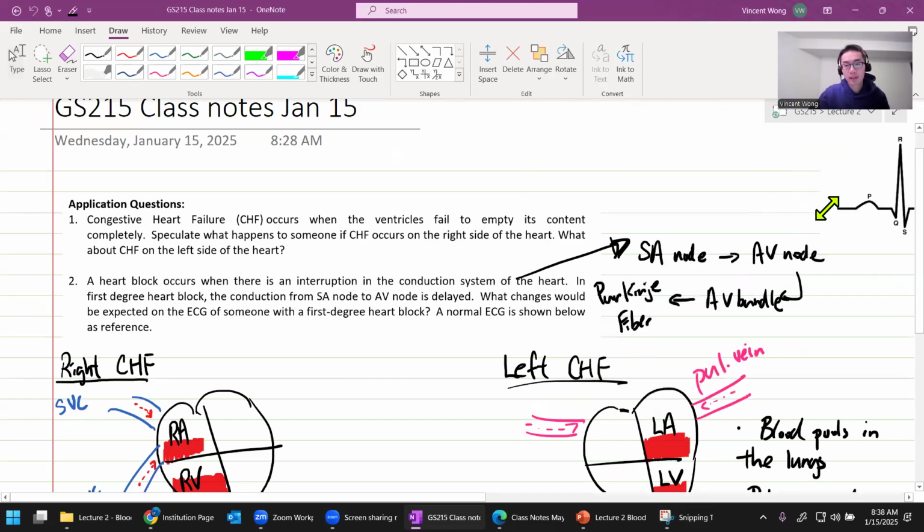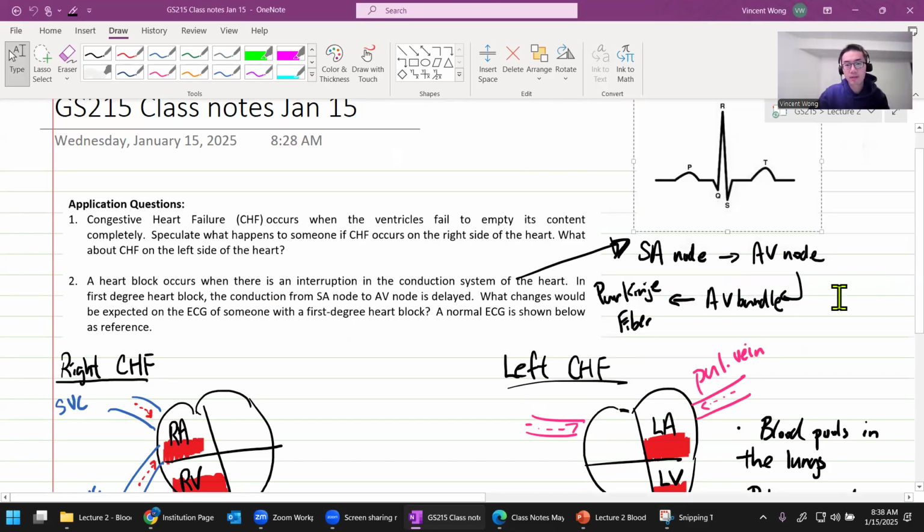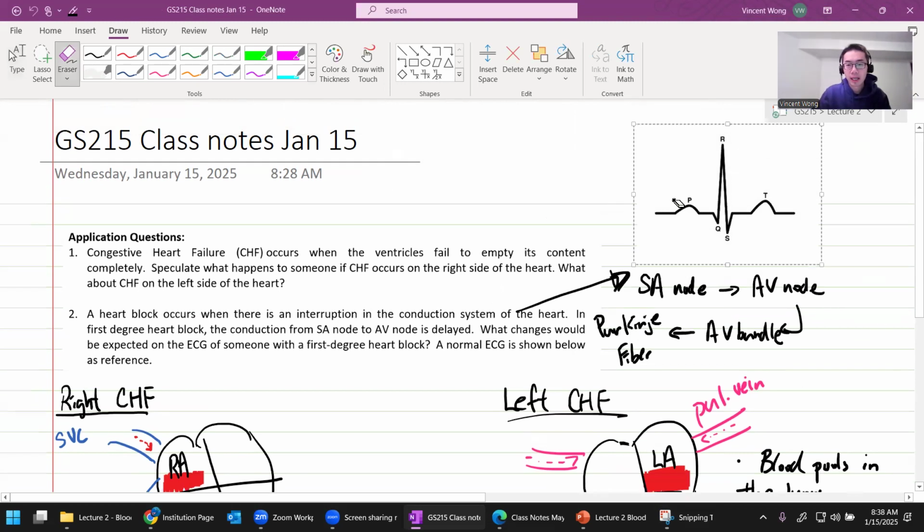Okay, so here is the regular ECG. If you need a refresher, the P peak here corresponds to atrial contraction, and the R peak corresponds to ventricular contraction. And this portion is basically the signal going from SA node to AV node.